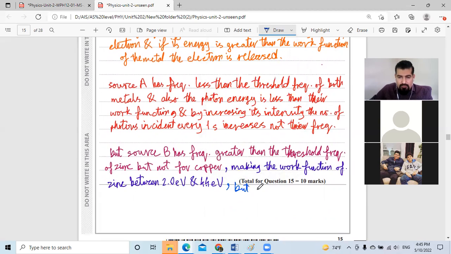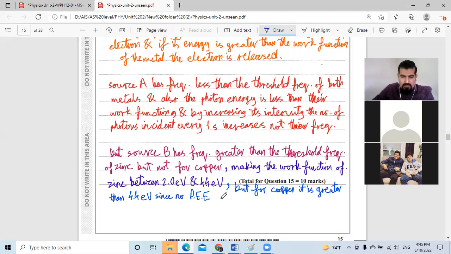But for copper, it is greater than 4.4 electron volt, since no photoelectric effect happened.